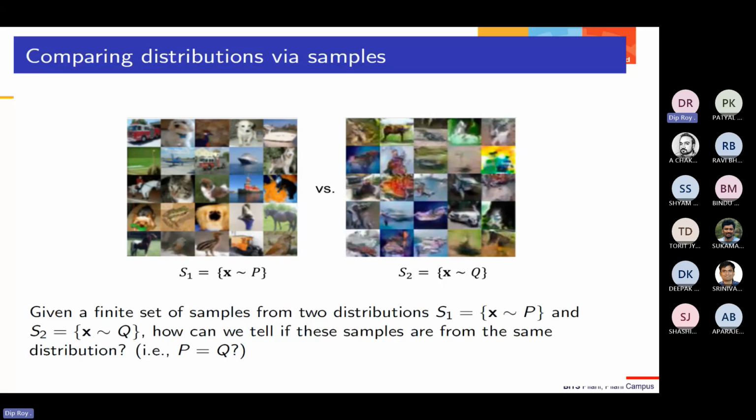And I'm not talking about one sample, I'm talking about multiple samples here, a finite set of samples. So if we are able to do this, there is a fair chance that both the distributions are the same. And that is the philosophy with which we are going to approach this likelihood-free training.